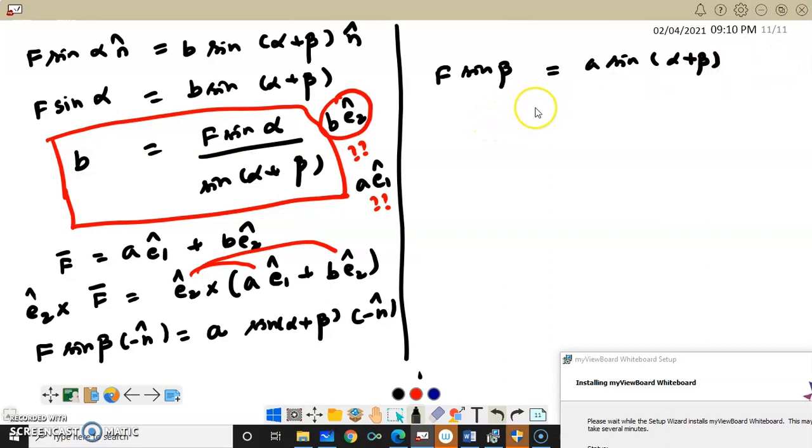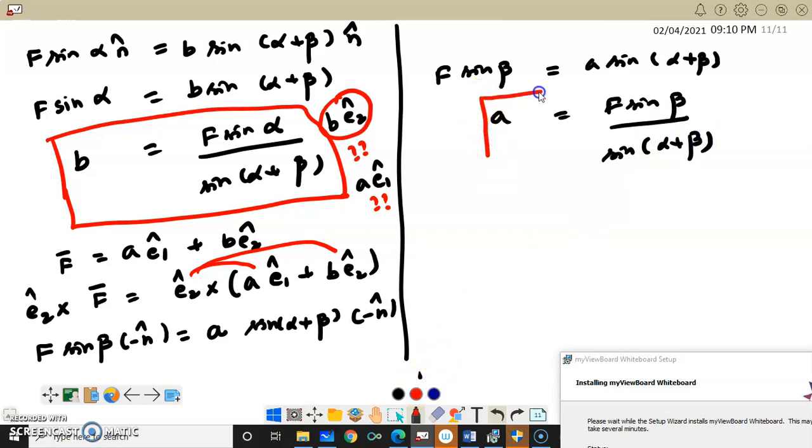So A is equal to F sin beta divided by sin of alpha plus beta. This is my A.